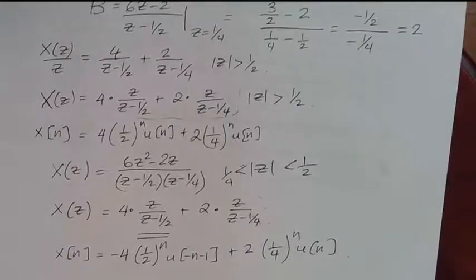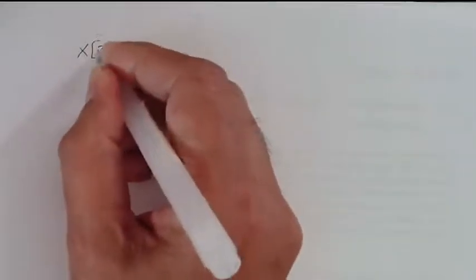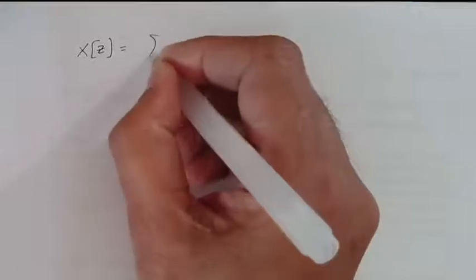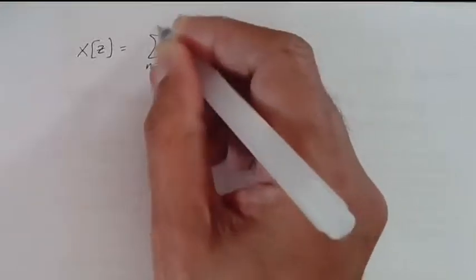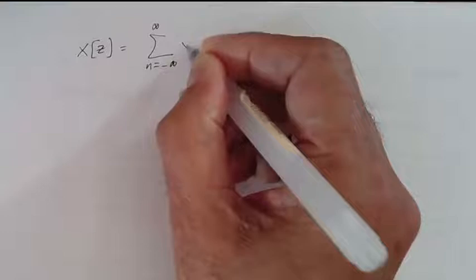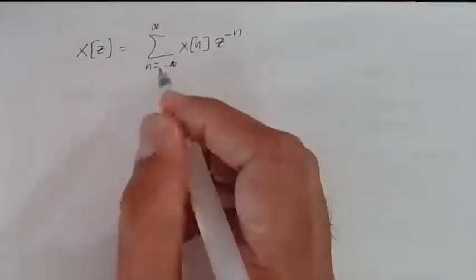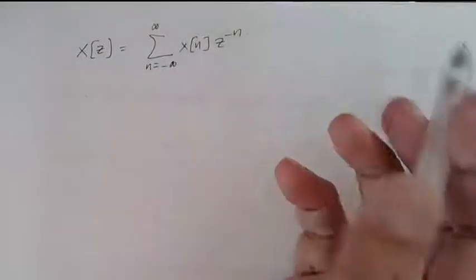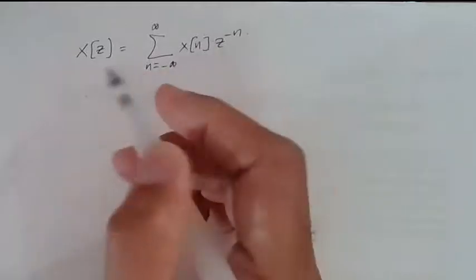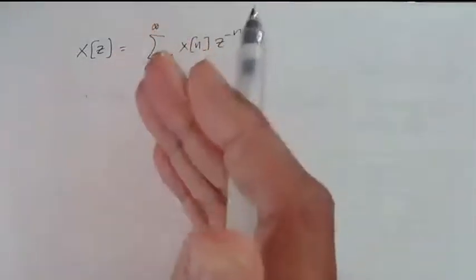Okay, there is another method, and let me show you that just because it's kind of an interesting method. So here's the idea. X(z) is equal to the summation from n equals minus infinity to infinity of x(n) z to the minus n. Let's take the case of a right-sided sequence, so we have an X(z) which converges outside of a circle.